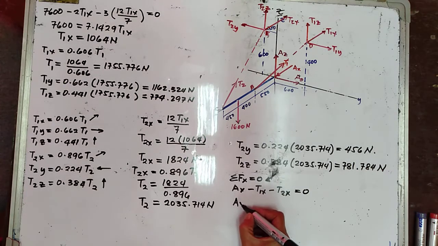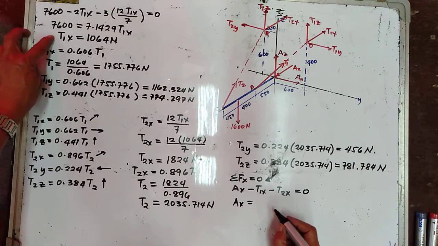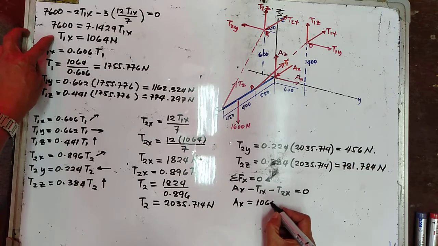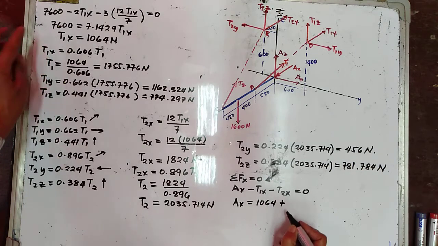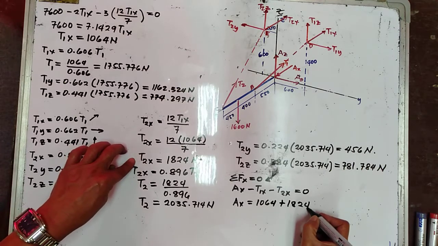So your AX is now equal to T1x, which is equal to 1064, plus T2x is 1824.